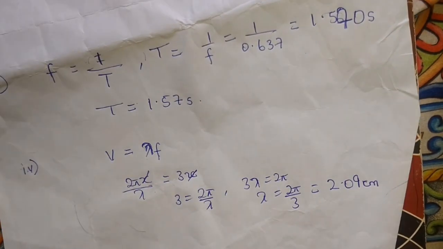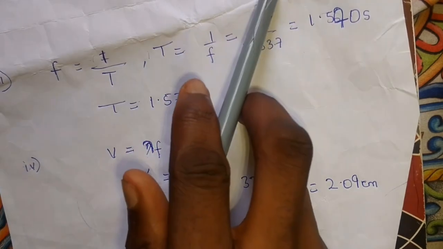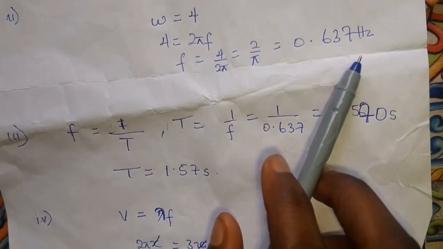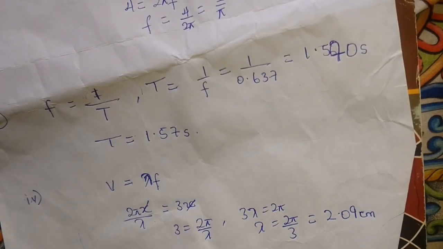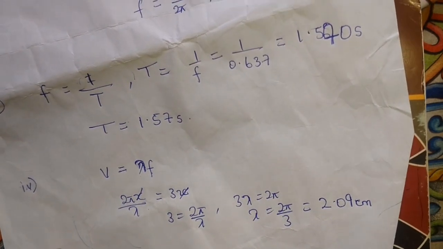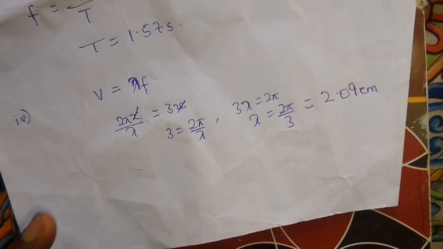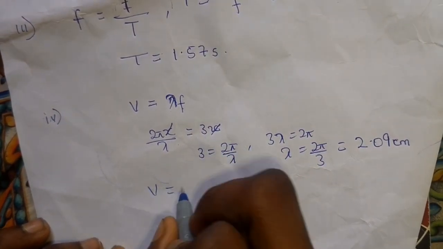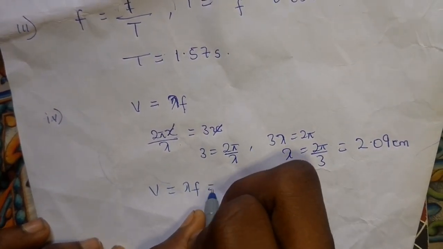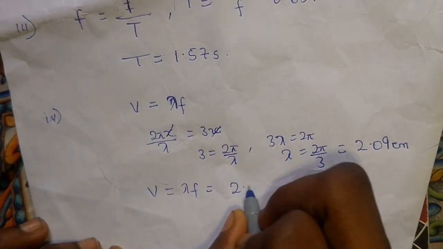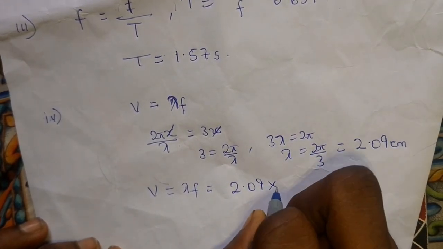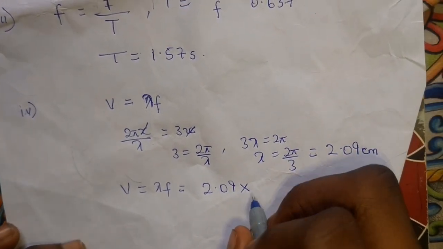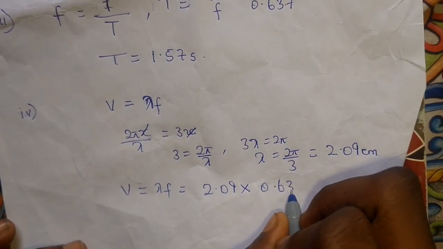So if that is what we have, and we already have our frequency to be 0.637 hertz, look at it over here, we can just apply it directly into the formula that v is equal to lambda f, which is equal to, what's our lambda? 2.09 times f, which is 0.637 hertz.